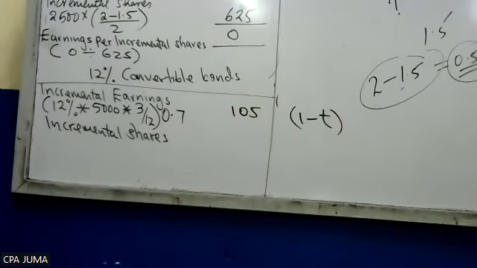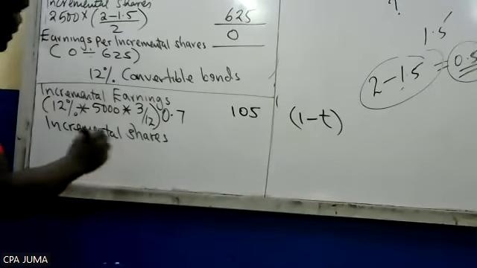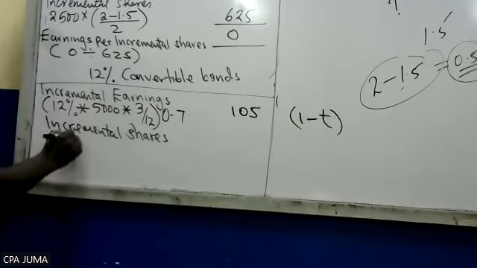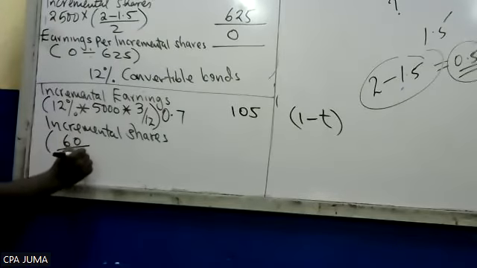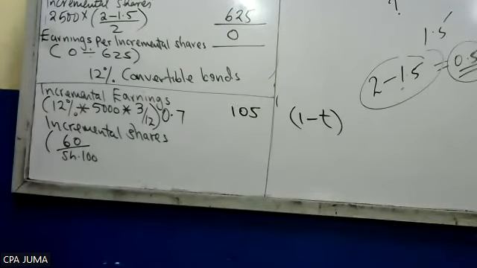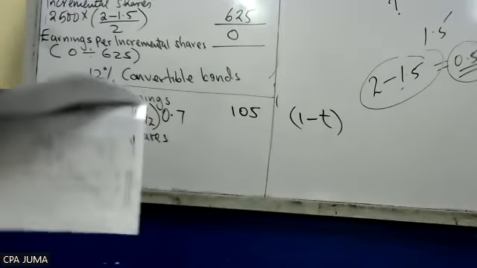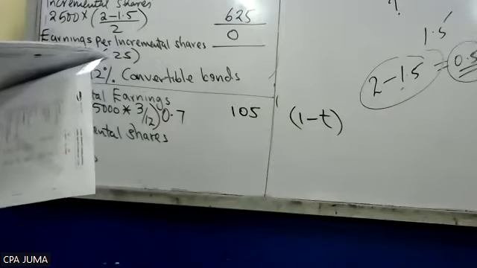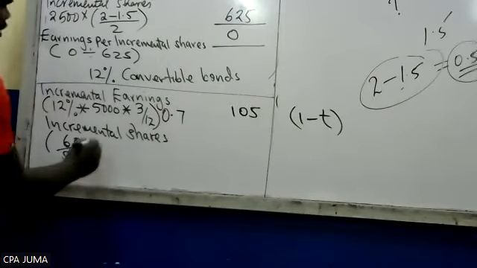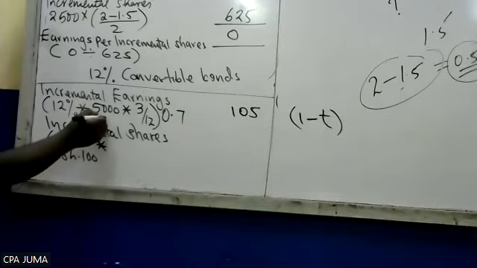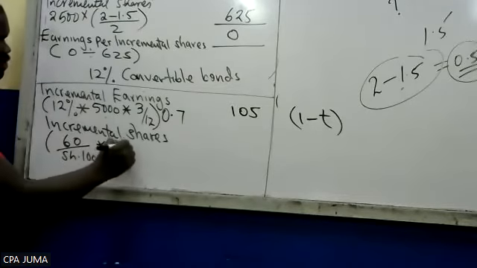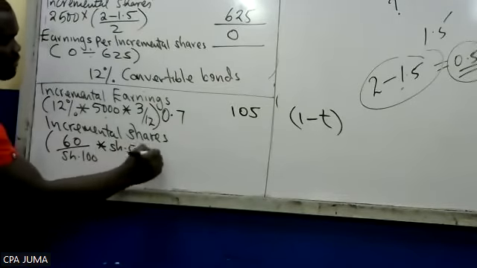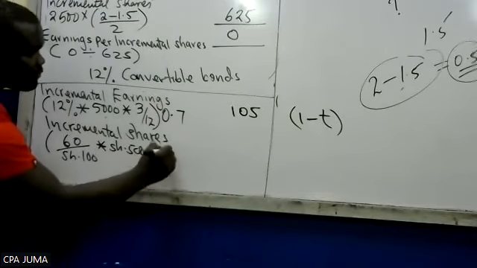60. Can everyone see that figure? No. So you get 60 for every shillings 100 of the bond. That is what they are saying. If you convert, you will get 60 for every shillings 100. And we have shillings 5 million. So times shillings 5 million. But for 3 months.